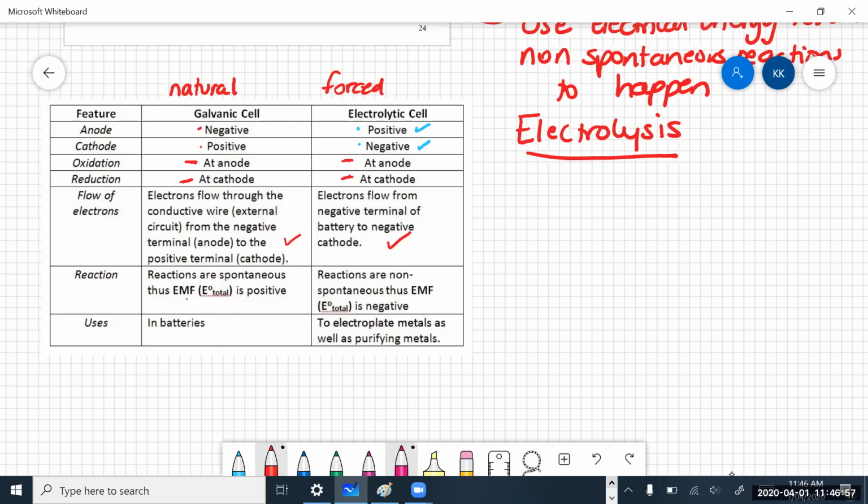So the E0 cell, the EMF or electromotive force, also called the voltage, is positive, and therefore we get a natural flow of electrons from the anode to the cathode. Here the reactions are non-spontaneous, so if you did the E0 cell, it would be negative. And remember, a negative E0 cell says doesn't happen naturally.